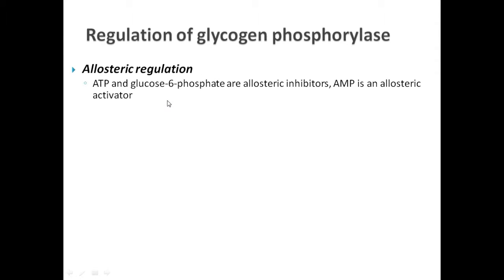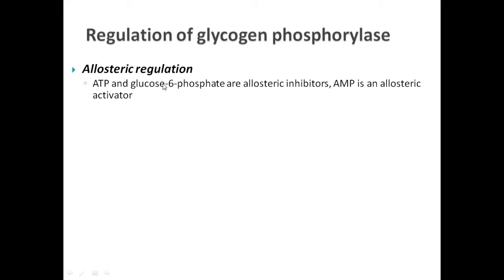In the allosteric regulation of glycogen phosphorylase, ATP and glucose 6-phosphate are allosteric inhibitors. So think about that. It means that if there's a lot of ATP and a lot of glucose 6-phosphate already, the cell doesn't actually need to break down its glycogen store. It already has a lot of energy available in the form of ATP.